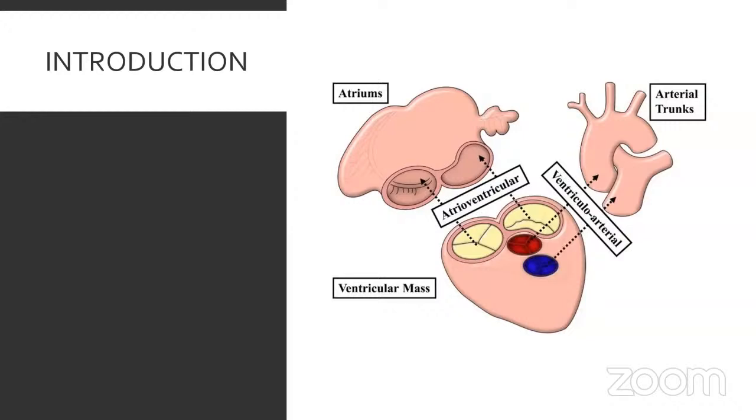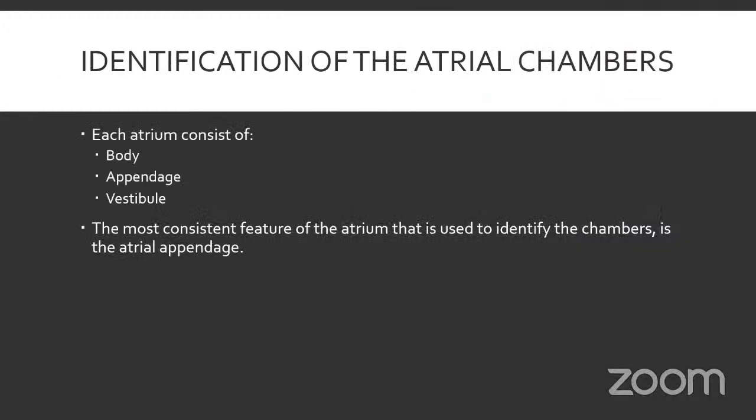In our system, as mentioned before, we'll use sequential segmental analysis, so we'll go in order: identify the atrium, then the atrioventricular connection, the ventricle, the ventriculo-arterial connection, and lastly the arterial trunks. So we started this presentation by saying that we need to find a consistent feature.